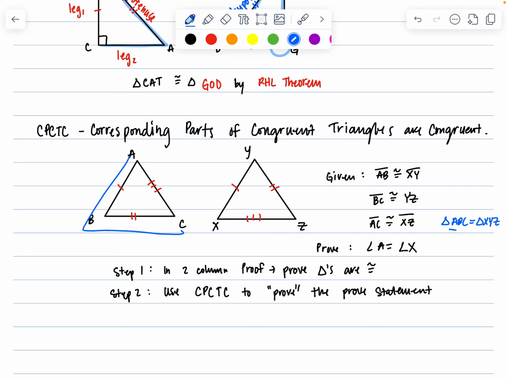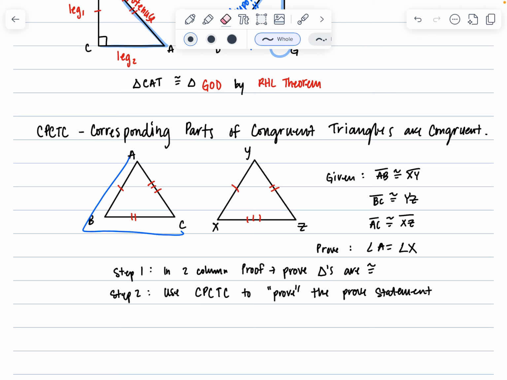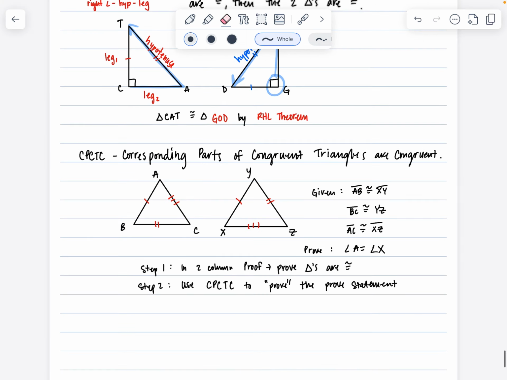Then we could see A is congruent to X in this particular statement, okay? And that's what we're trying to do. We're trying to reprove that the triangles are congruent and then using that particular statement to show that corresponding parts are congruent, whether it's angles and sides or what have you, okay?